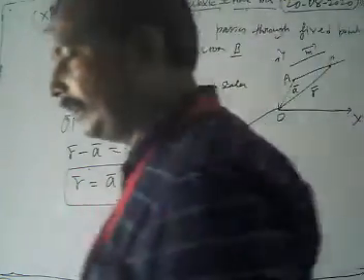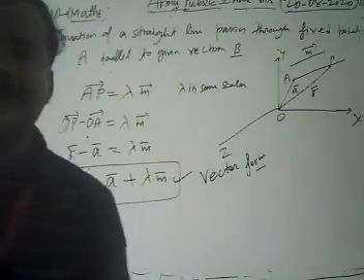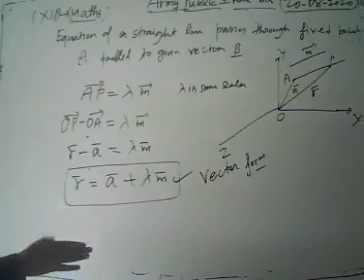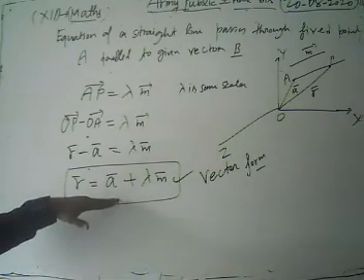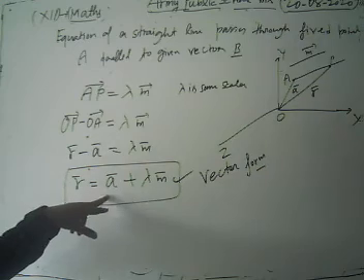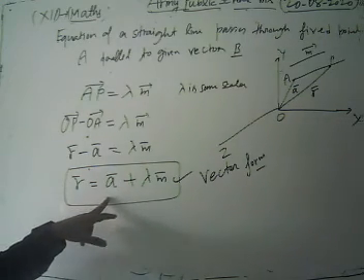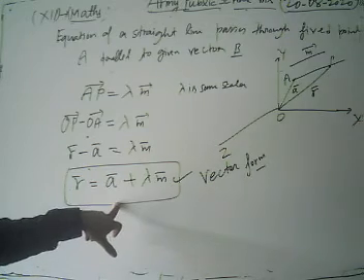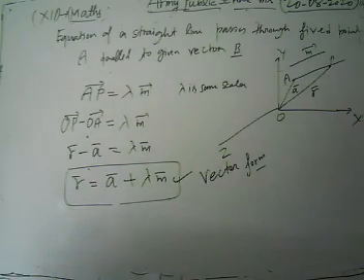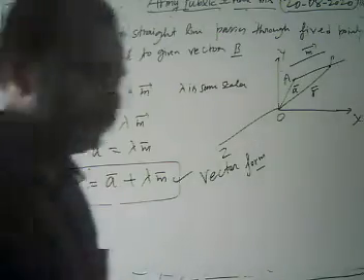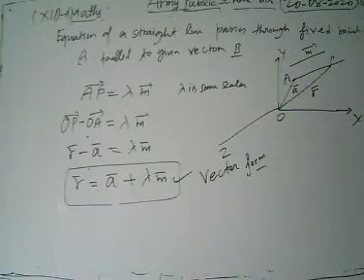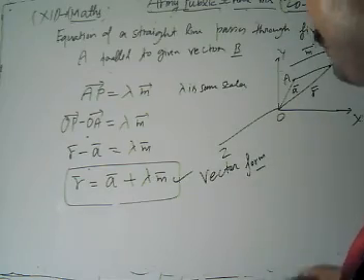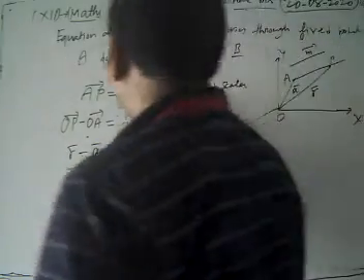Whenever we are given a fixed point and a direction to which the line is parallel, the vector form is r equals vector a plus lambda m, where vector a is the position vector of the fixed point and m is the parallel vector. From this we find the equation of the straight line through the fixed point A parallel to the given vector. This is our vector form.